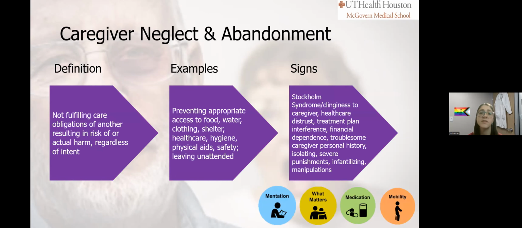Additionally, caregiver neglect, or if it happens in totality and the caregiver does nothing and abandons them, that's kind of like the extreme version of caregiver neglect. That's the same idea that we talked about with physical neglect, but now it's being done by another person to similar consequences, except now, again, it's being done to them by someone who may also independently have risk factors.